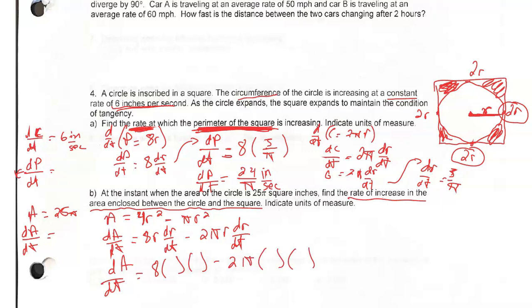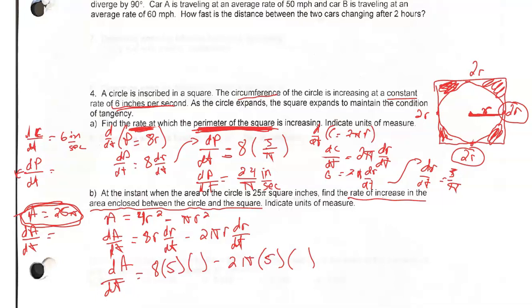They don't give you the radius, but what they do tell you is that the area of our circle was 25 pi. You can set it up as an equation if you want, but you're all pretty bright kids. If the area is 25 pi, that would have told us that our radius was 5. So we let our radii be 5 in those two spots.